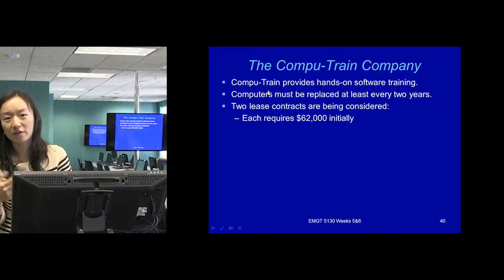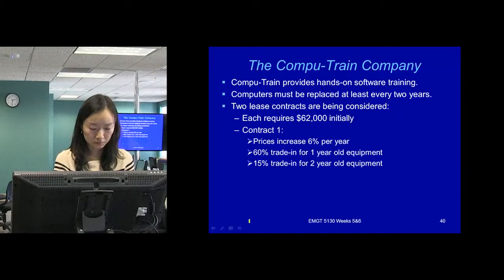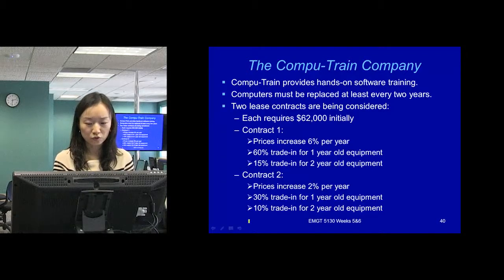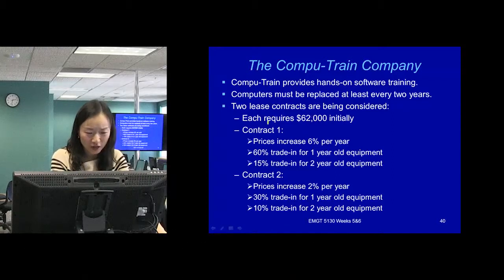You can only trade after using it for 1 year or 2 years. So you have to trade in at least every 2 years, and the initial costs are the same under both contracts. What differs is the price increase rate and the trade-in credits for 1-year and 2-year-old equipment.